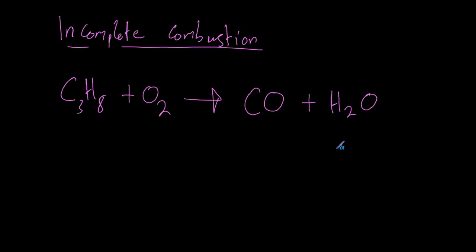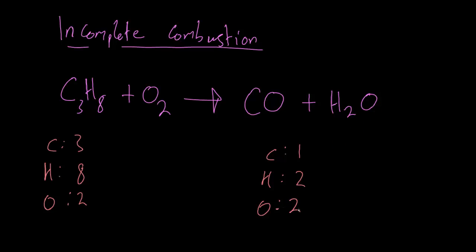What I'm going to do now is show you that we can balance it in exactly the same way. So again, I'm going to write C, H, O for the left, C, H, O for the right. Now we have 3 carbons on the left, 8 hydrogens and 2 oxygens. On the right hand side we have 1 carbon, we have 2 hydrogens, and we also have 2 oxygens.